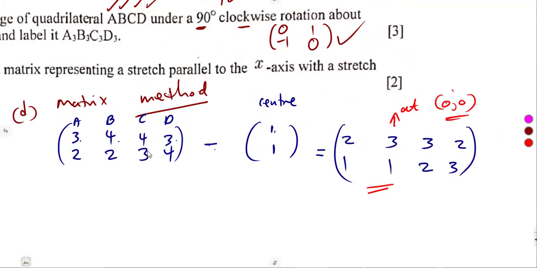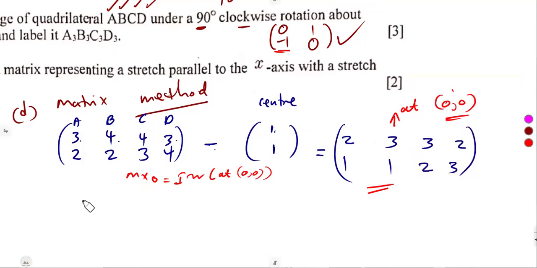We have removed the center. So it's like we have taken them to the origin by doing this so that the matrix can be used. Remember, matrix times object gives us the image, but the image must be at 0, 0 so that the center can be added. So that's the condition now.